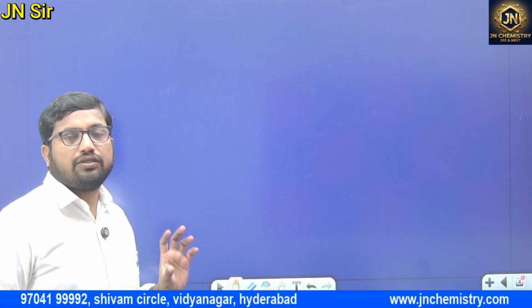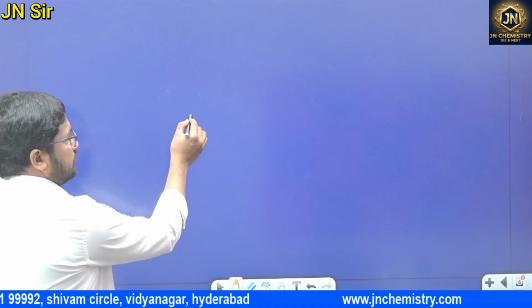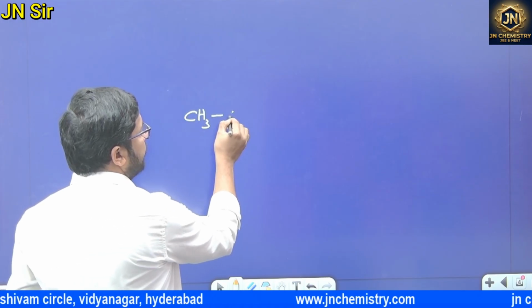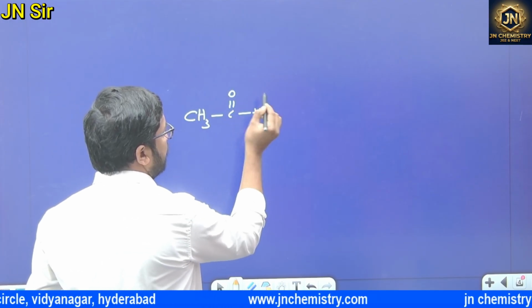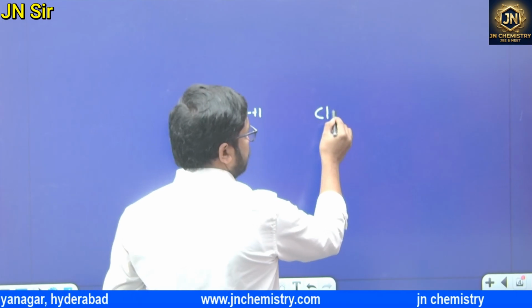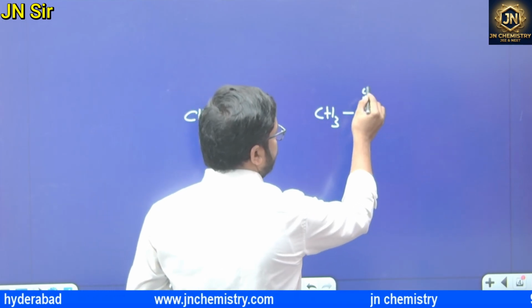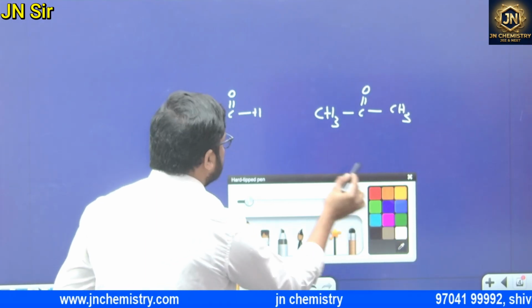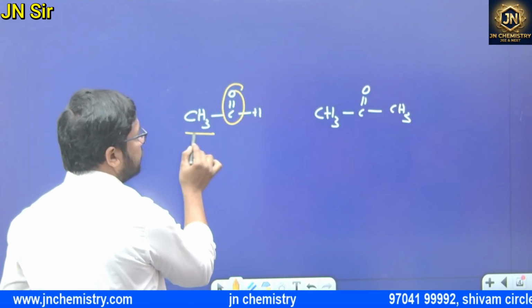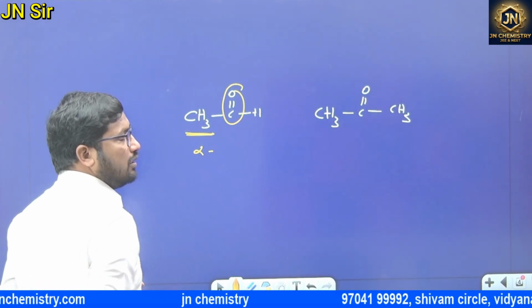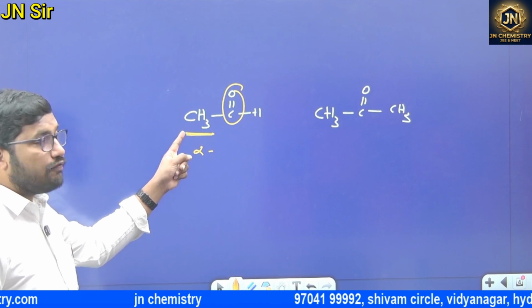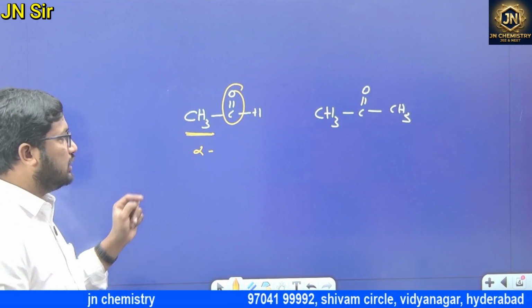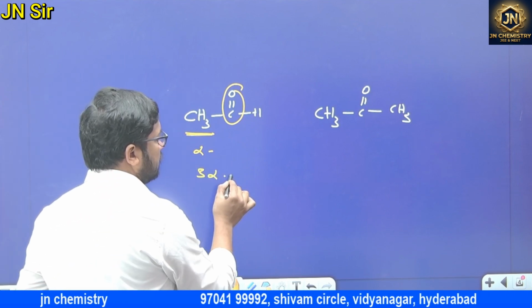Second point. In aldol condensation, aldehydes and ketones have an adjacent carbon to the C double bond O. This we call the alpha carbon. This alpha carbon has 3 alpha hydrogens.